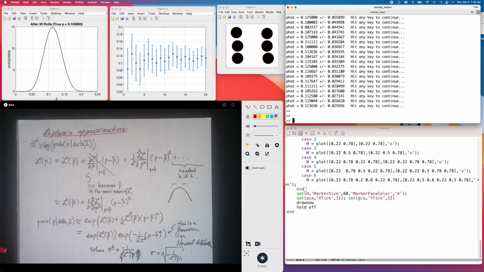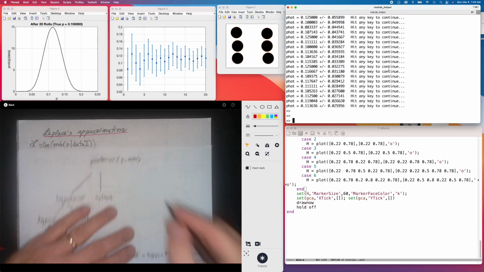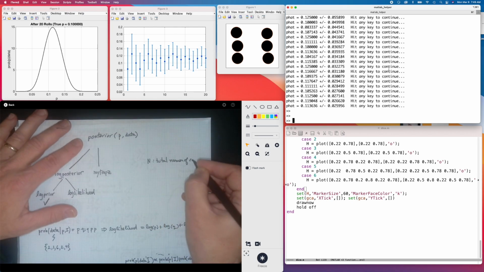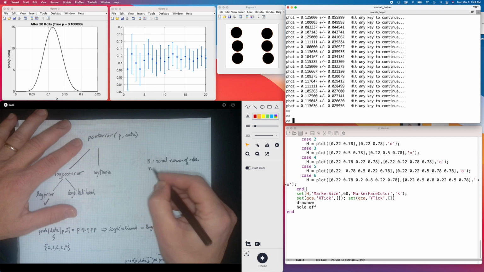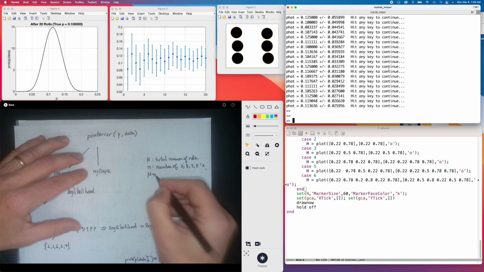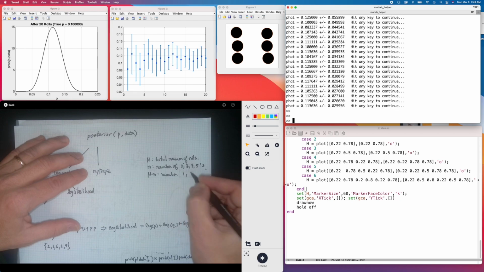Now for the particular case of rolling the dice, that is easy this time. Suppose we roll the dice and we have a data set. All we need to do is count the total number of times we got the numbers 2, 3, 4, or 5. So suppose n is my sample size, and then little n is the number of 2s, 3s, 4s, and 5s. And then n minus little n is going to be the number of 1s and 6s.